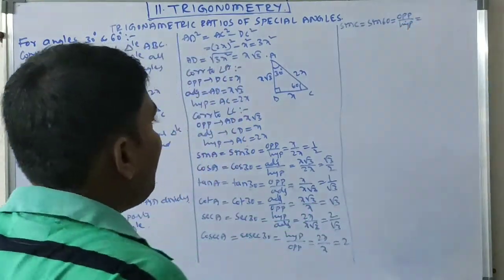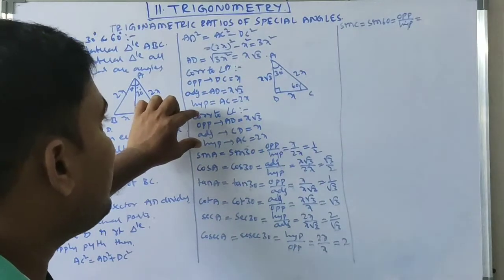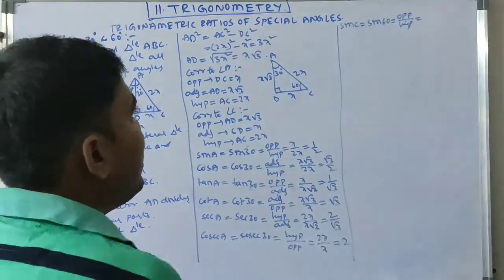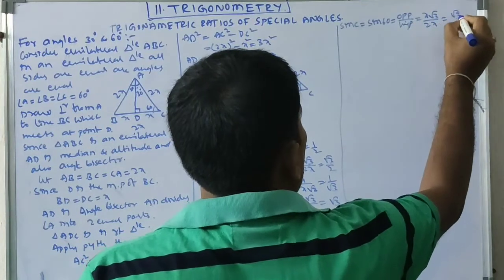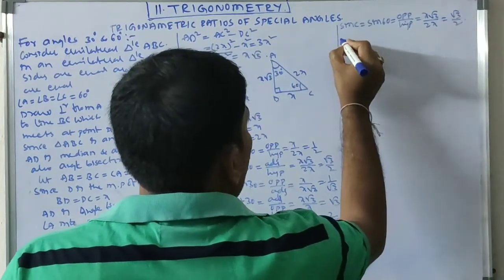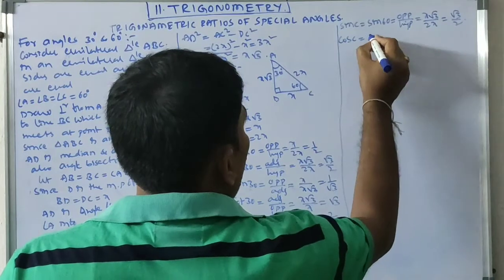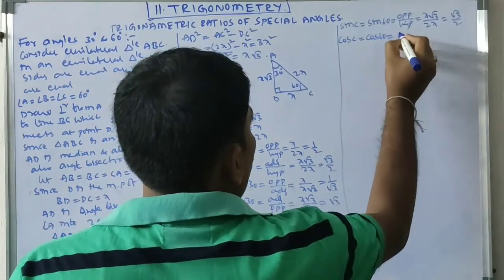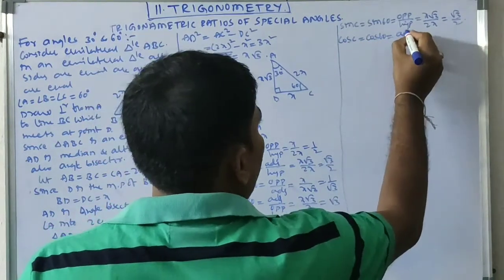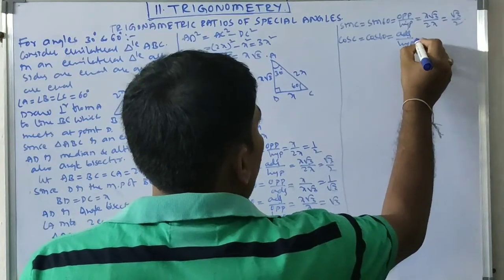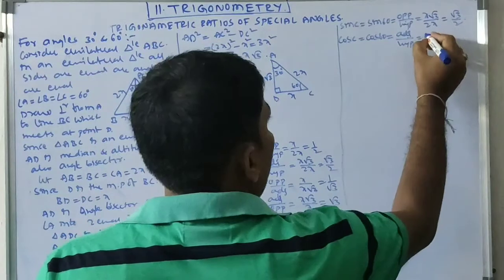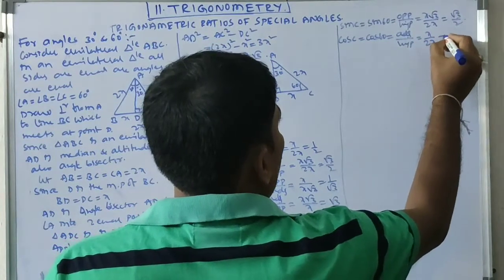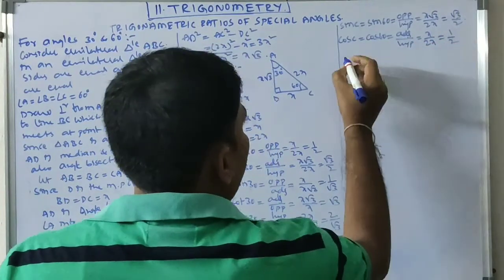Corresponding to angle C, the opposite is x root 3 by 2x, x cancels, so root 3 by 2. Cos C equals cos 60, cos is adjacent by hypotenuse. Adjacent is x by hypotenuse 2x, so 1 by 2.